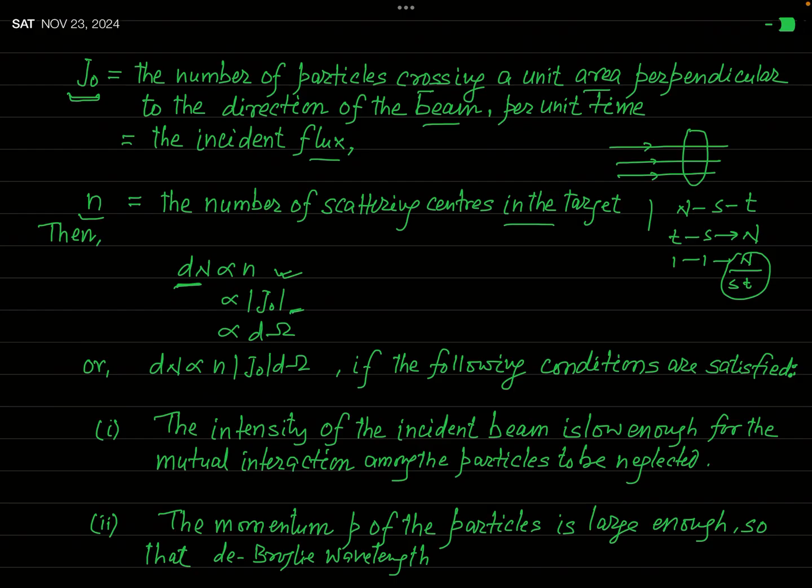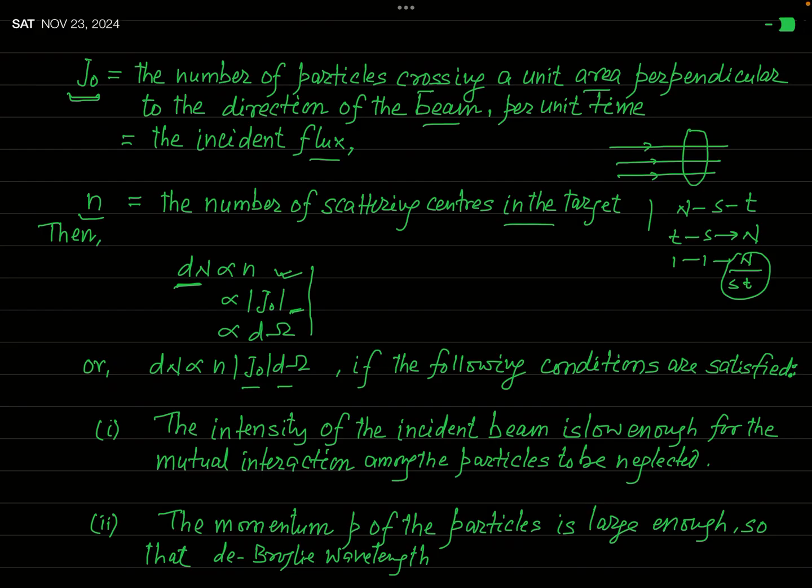And if d omega is large, if we consider particles going through a larger solid angle, definitely the number will be larger. So dn is proportional to n, to mod of J naught, and to d omega. Or you can say dn is proportional to n times mod of J naught times d omega.